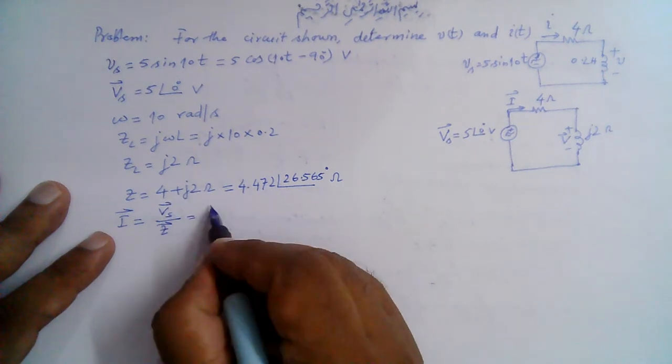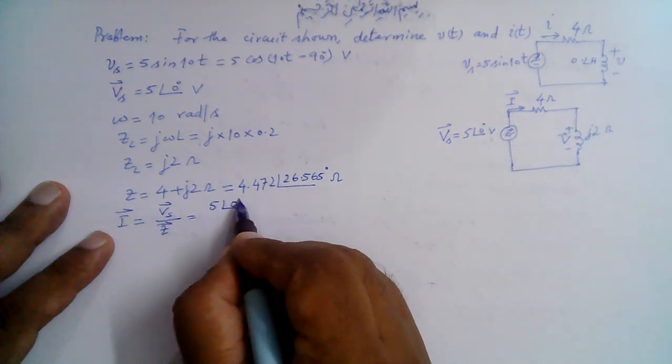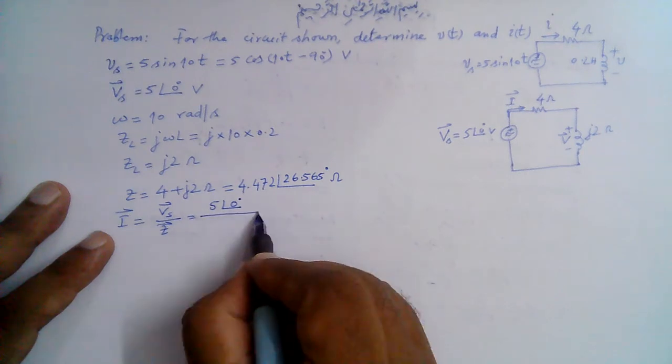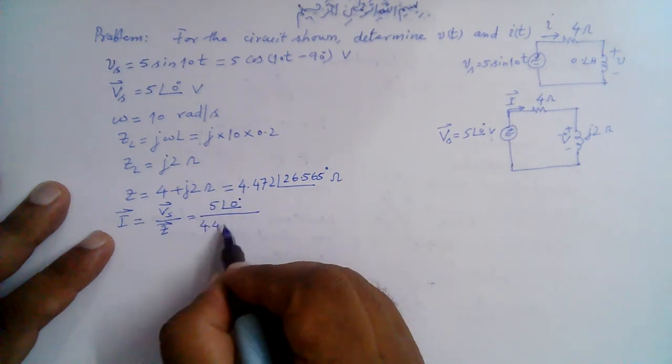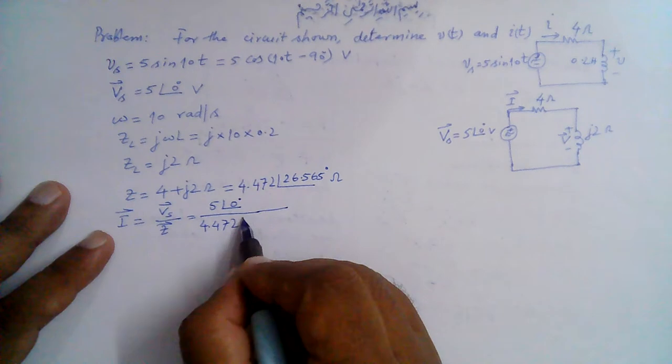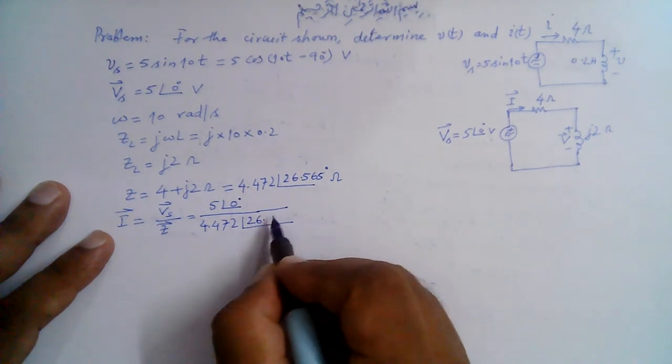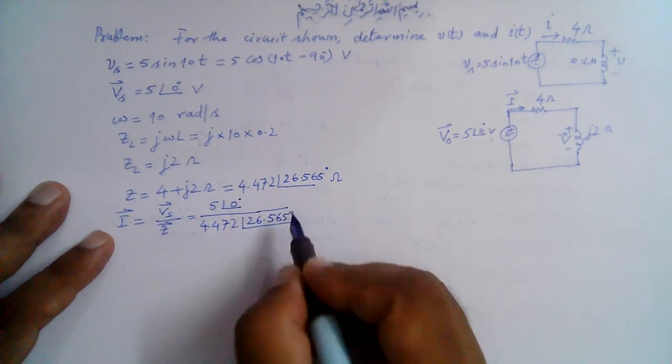This is 5 angle 0 degrees, and we have 4.472 angle 26.565 degrees.